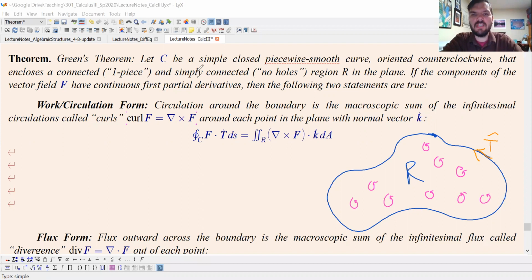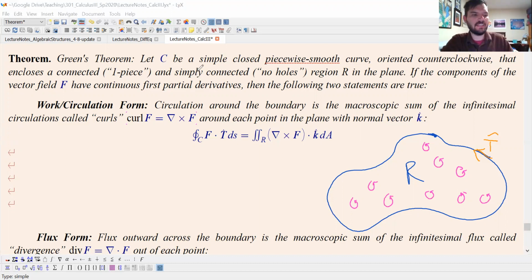So this theorem says that if we measure the curl at every single point and we get numerical values, we add up all those numerical values, we will get a total which is equal to the line integral around the boundary.